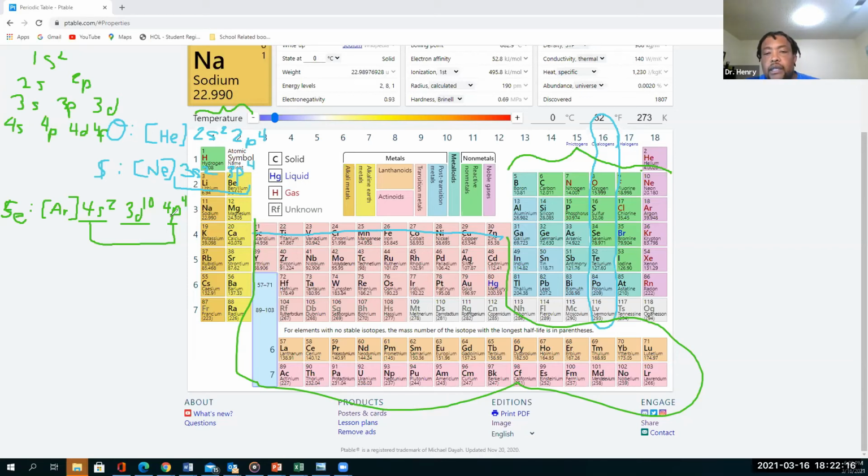Would 116, livermorium, be the one with the highest in group 16? Yeah, that would be the highest. But the way you would write this generally, because we never know how high it can go, you'd put n for any variable.